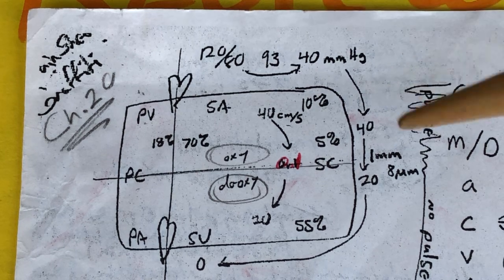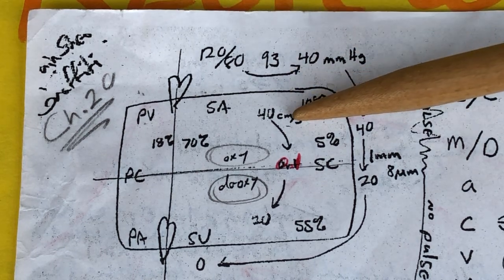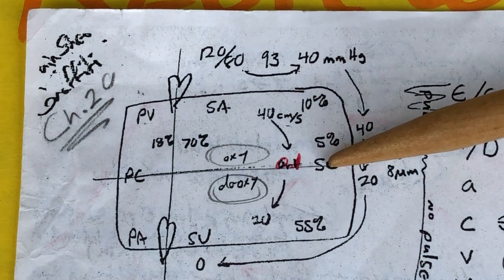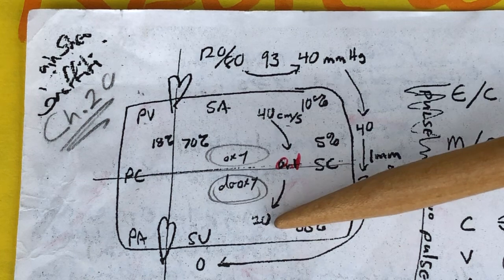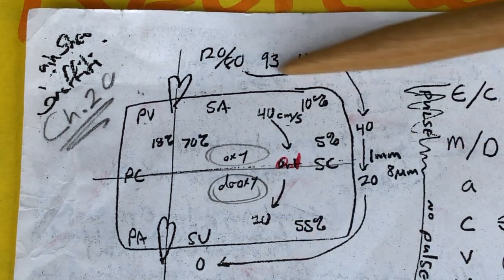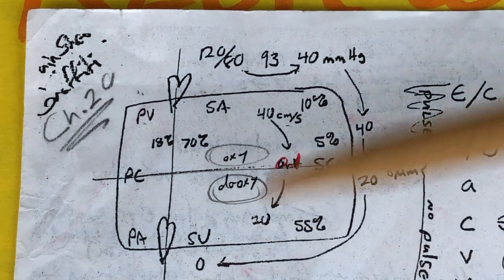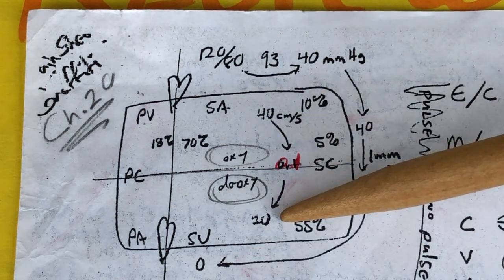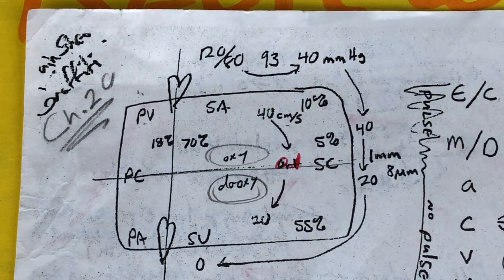Now, the novel thing right here is the so-called average speed in the arteries was about 40 centimeters per second, and the capillaries 0.1 centimeter per second, and then the venous speed 20. Even though the blood pressure is dropping constantly, the speed of the blood inside the veins went up a little bit. It sort of picked back up a little bit. And that's something we're going to call laminar flow. We'll explain it later on.